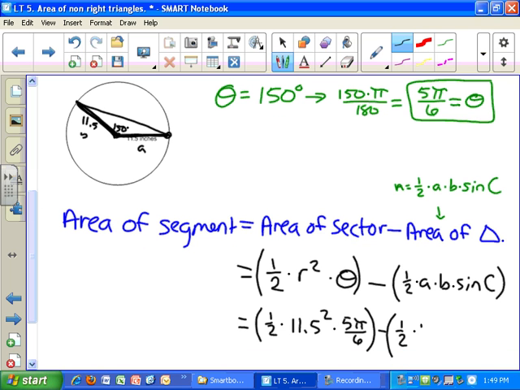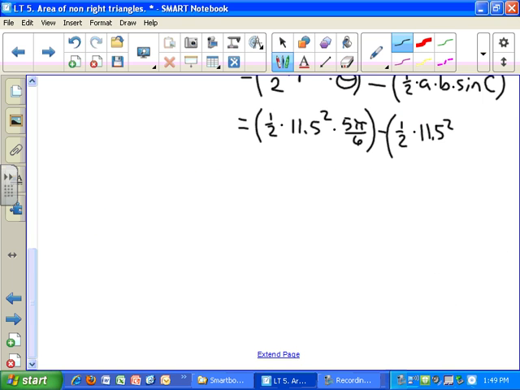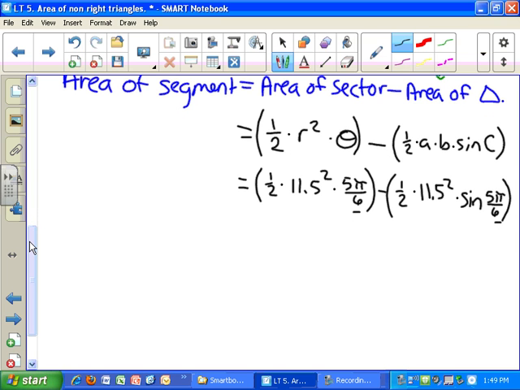I would rather type that in as 11.5 squared. Now we have to multiply this by the sine of C, our included angle, which is 5 pi over 6, or 150 degrees. But we want to make sure our calculator is set to the right mode, the same mode for both parts of the problem.